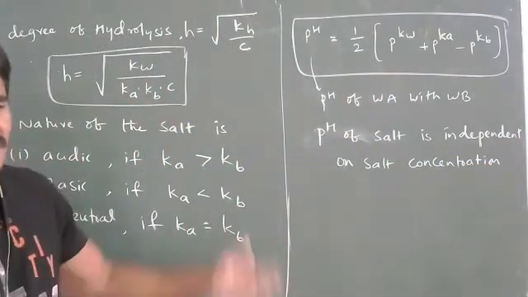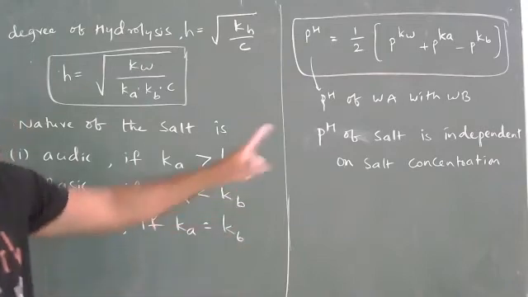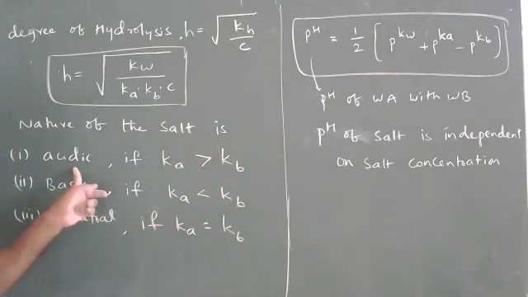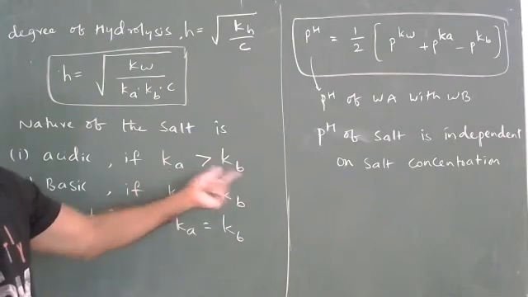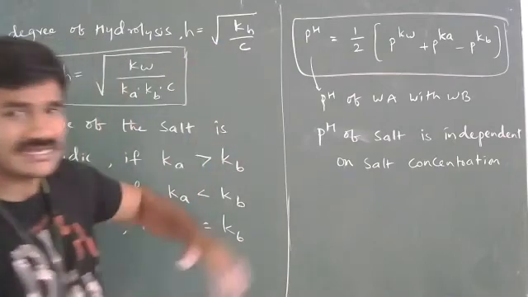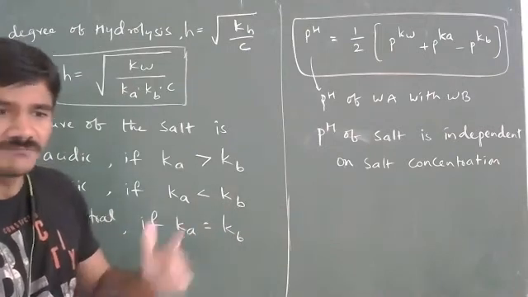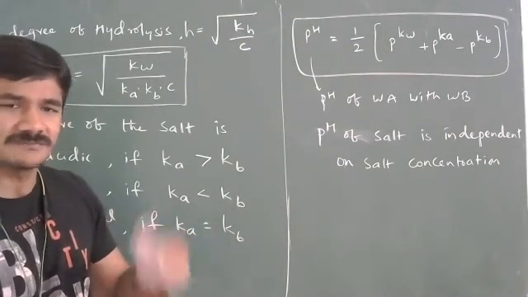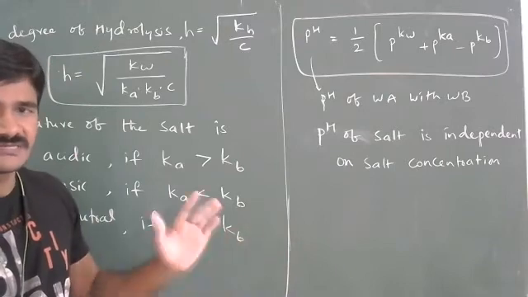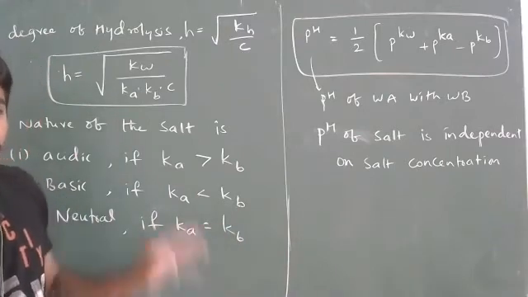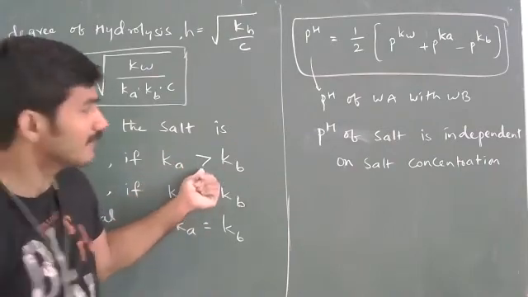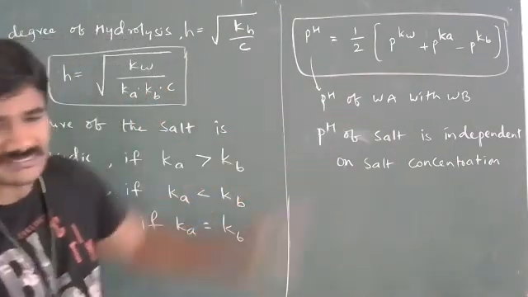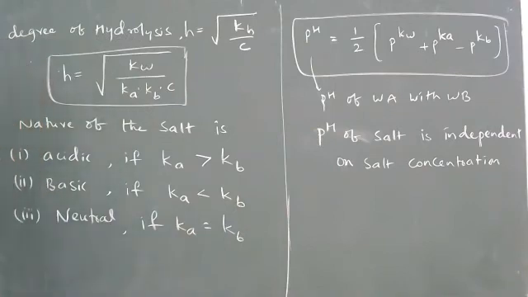Why is pH of salt independent of concentration? Acidic, basic, neutral depends on Ka, Kb. If more H plus ions are there, acidic. If more OH minus ions are there, basic. If H plus and OH minus are similar, that is said to be neutral. So it depends on the concentration of H plus and OH minus, but not salt concentration. Understood?